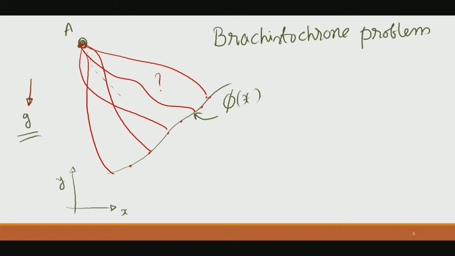Which one of these will the ball take? Rather, which curve, if I say this is y of x, right, which curve will minimize the time to go from point A to some point on f of x on that given curve. This is our given curve.